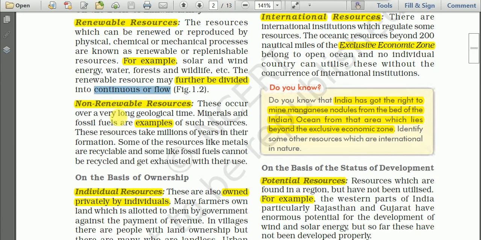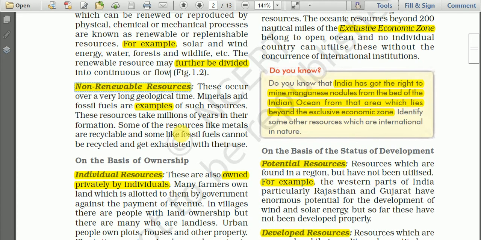Another type is non-renewable resources. These occur over a very long geological time. That means non-renewable resources take a long time to form, more than millions of years. Minerals and fossil fuels are examples of such resources.